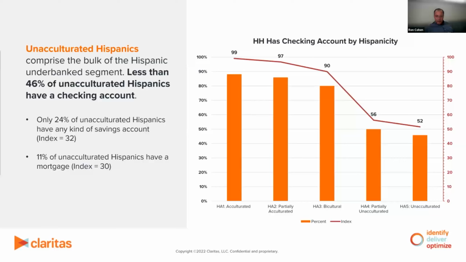It's not just checking accounts. Only 24% of unacculturated Hispanics have any kind of savings account. That's an index of 32, 70% below average. And only 11% of unacculturated Hispanics have a mortgage. It's another one, 70% below average. This is where the underbanked Hispanics are. They're unacculturated, or less acculturated.